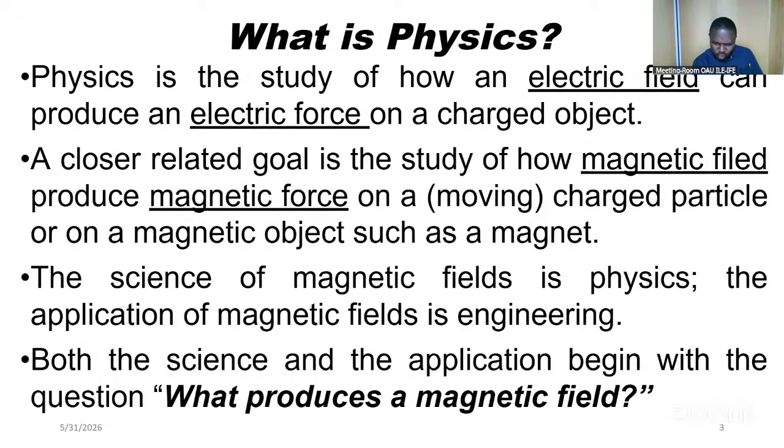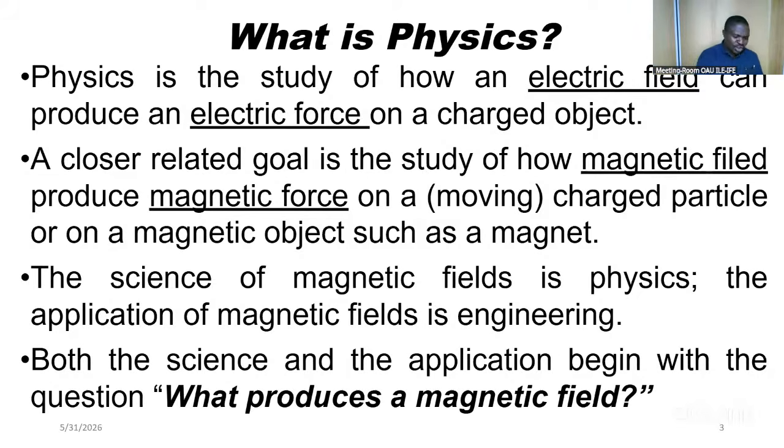I've let you understand the importance of magnetic field. I am not just here to waste your time. I'm here to tell you how you are going to apply magnetic field to your area of specialization. Thank you. So both the science and the application begin with the question: what actually produces a magnetic field?